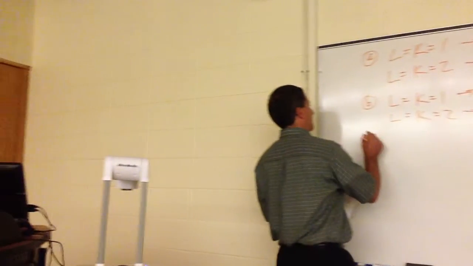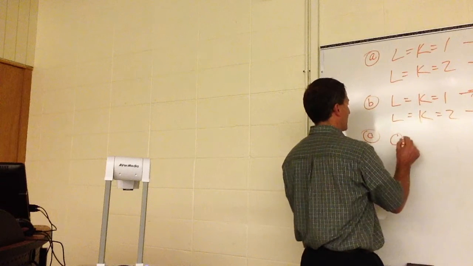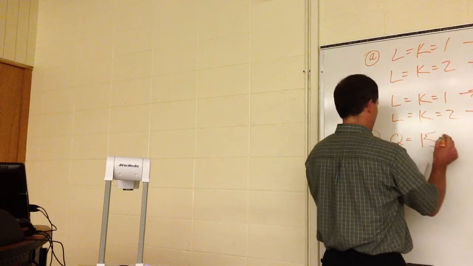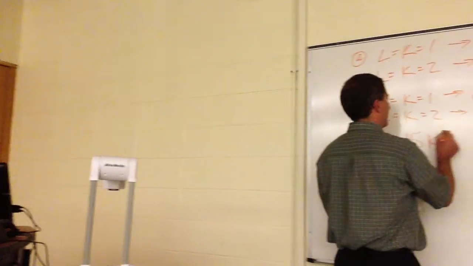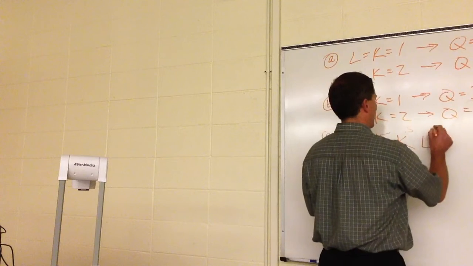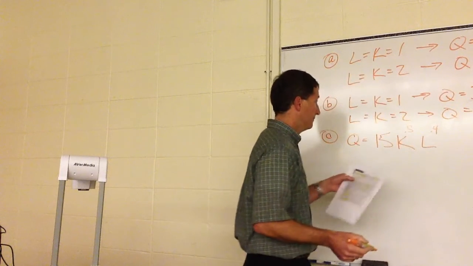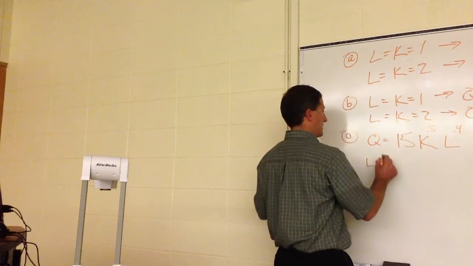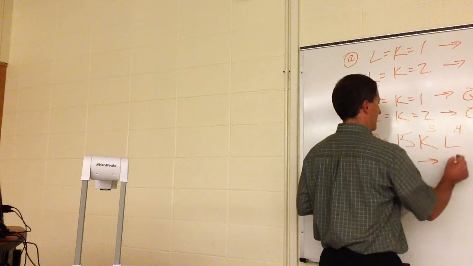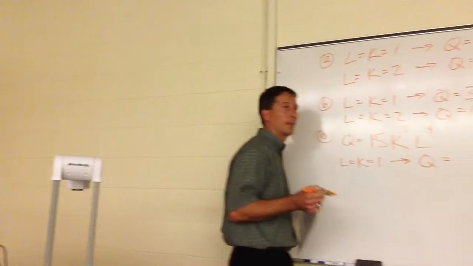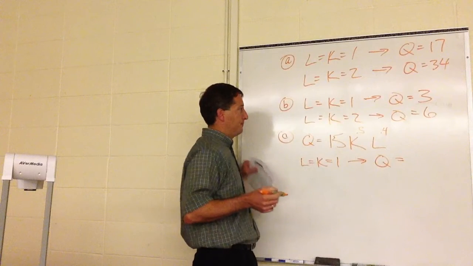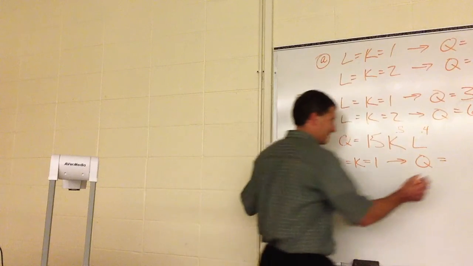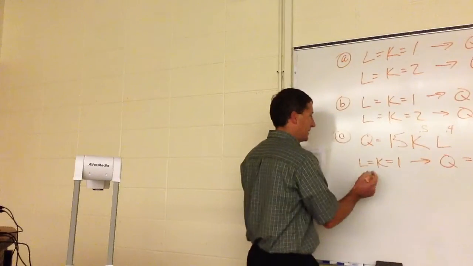All right, last one. The production function is 15 K to the half power and L to the 0.4 power. So you might need to get out your calculators. Again, start with L equals K equals 1, quantity equals 15. 1 to any power is what it is.